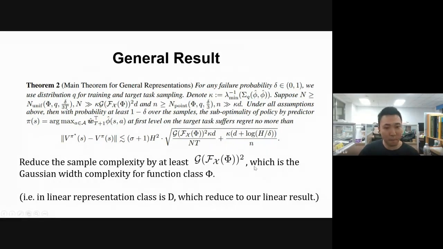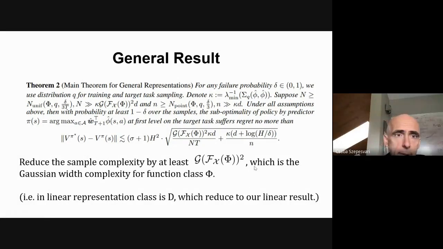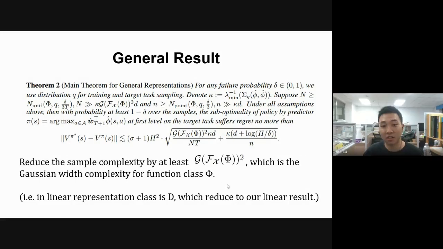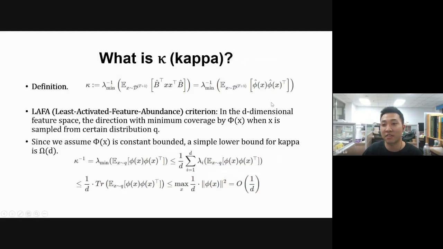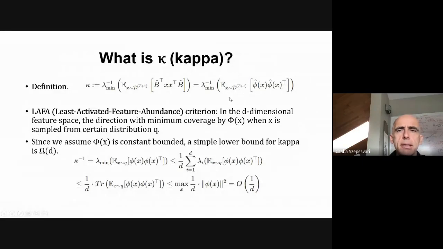Okay, any questions? Yeah, can you explain kappa here? What is kappa? Kappa here is just like before. This sigma q, the definition is exactly as this. So the general linear representation learning means that the phi hat is going to be an all-linear function that comes from some learnable class, and then that's it.